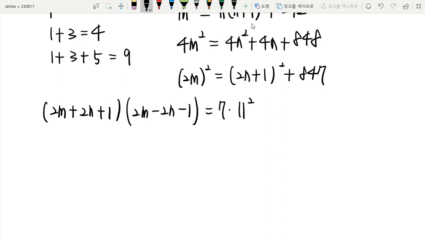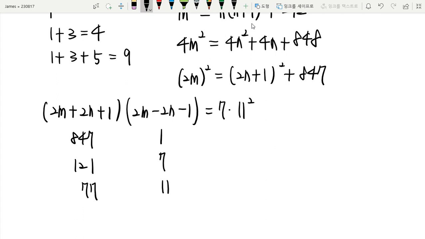So we can think of two numbers, two factors, making this 847, like this. Yep, so these are three possibilities.